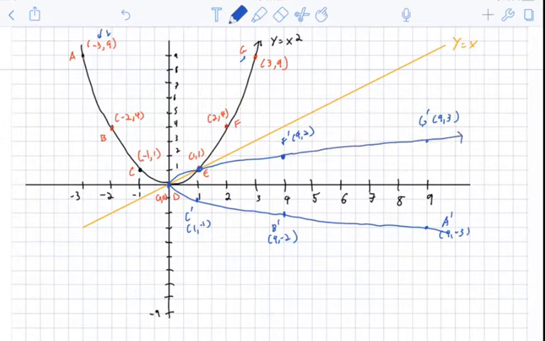So this blue line here that I've just drawn, this is the reflection of the original function in the xy line, right? So this should represent its inverse.